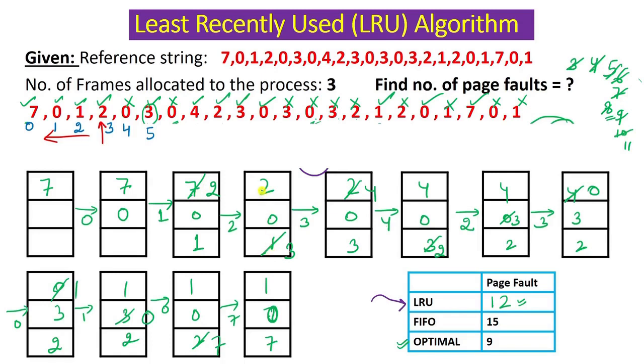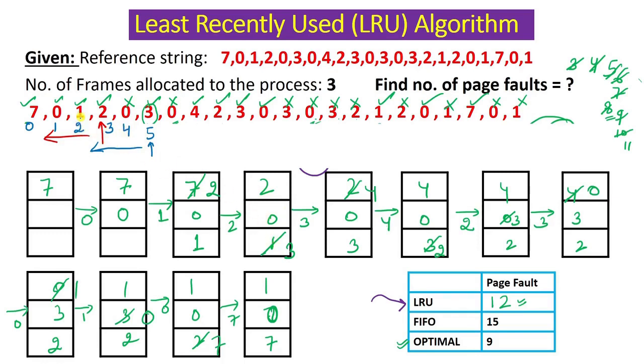So which page out of 2, 0, 1 should be replaced? Again we are here. We will see in the past, out of 2, 0, 1, the timing associated with them. We will see which page has the least timing associated with it. So 2 has 3, 0 has 4, and 1 has 2.